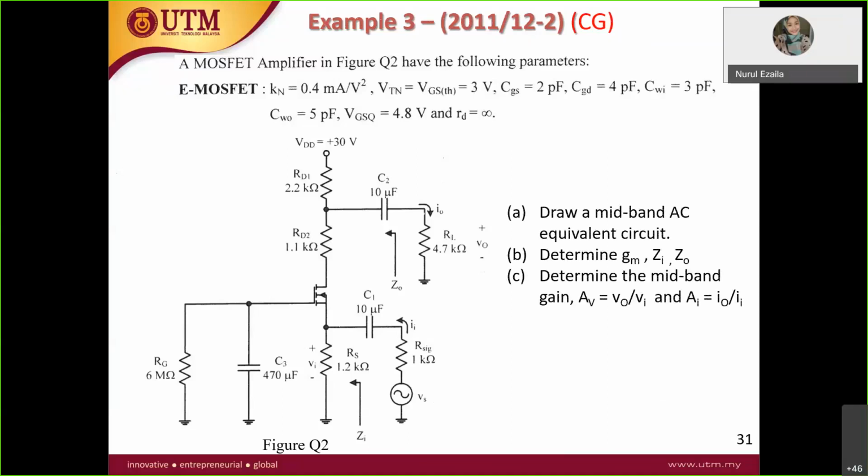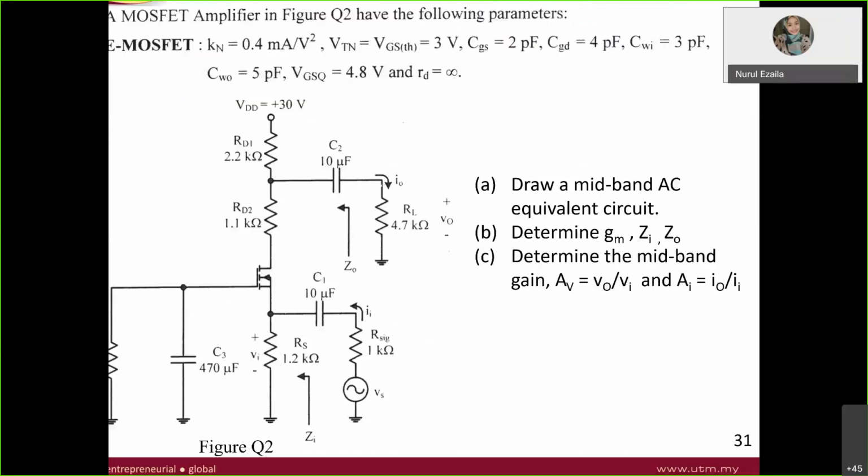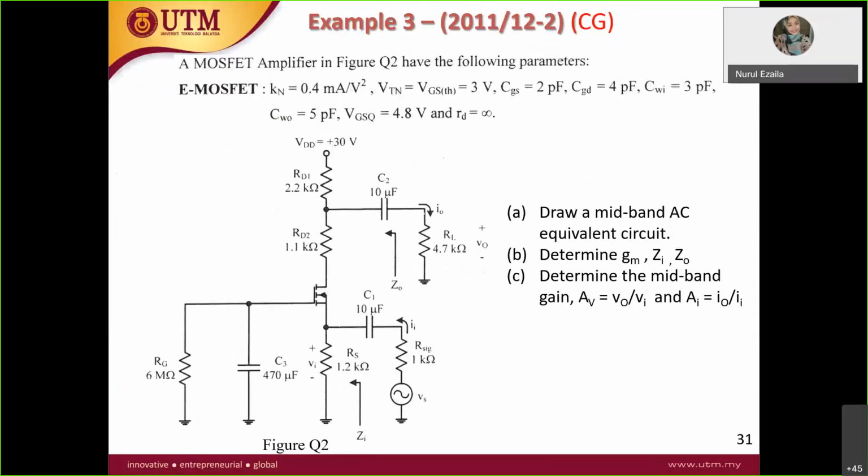Ignore this one because this is for the common gate. In common gate, we don't have to find the frequency and everything.